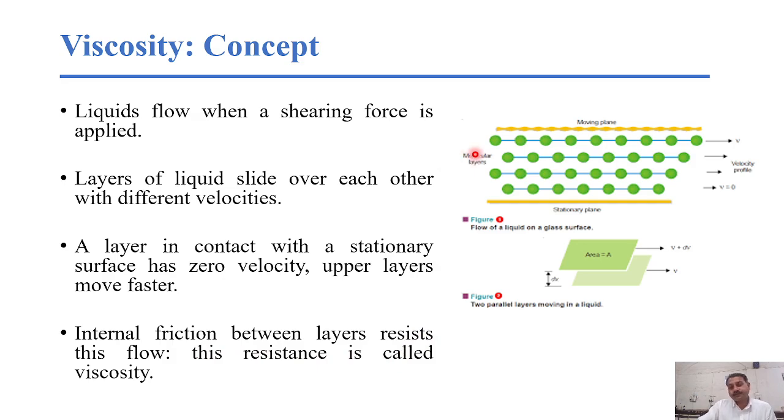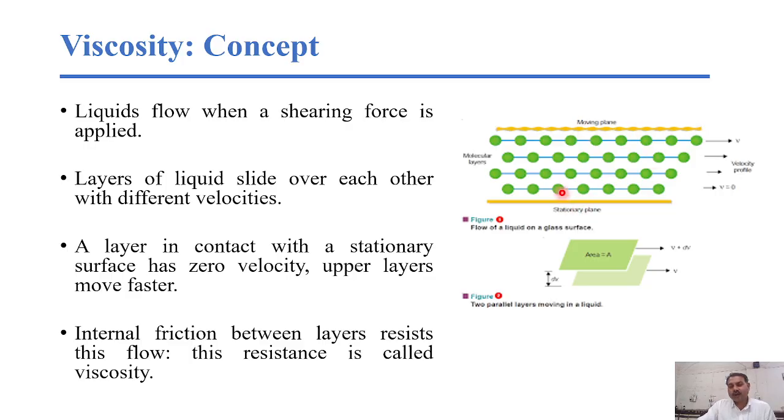So friends, see here in this figure, this is the stationary plane and the liquid consists of different molecular layers. So these are the different molecular layers, and this is stationary phase and the upper one is mobile phase.